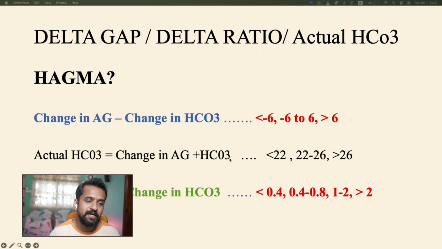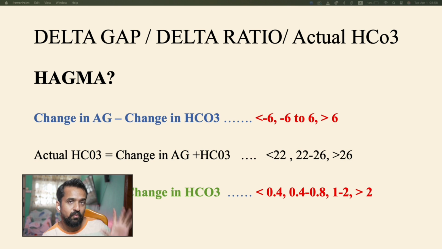I think the actual bicarb is very easy to calculate. You just take the change in anion gap. So what is the normal of that patient, which I told you already you have to correct for albumin and pH. If you don't have albumin, remove that from the equation.